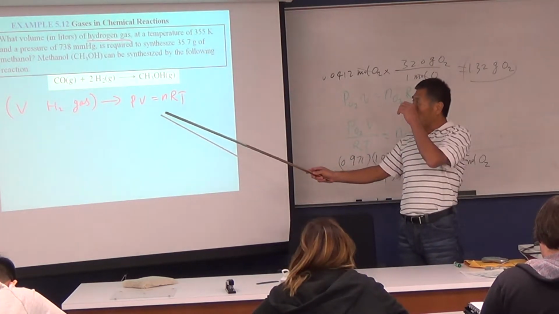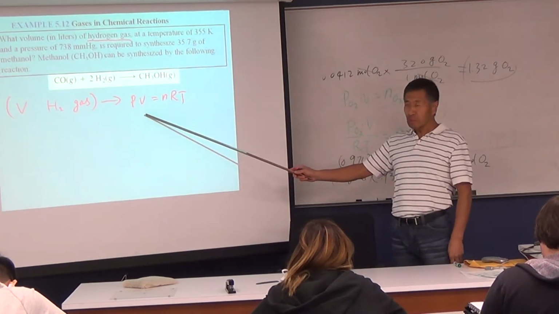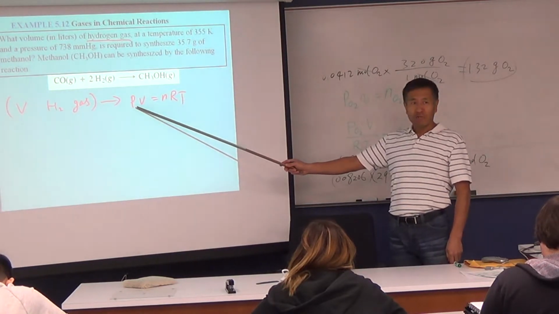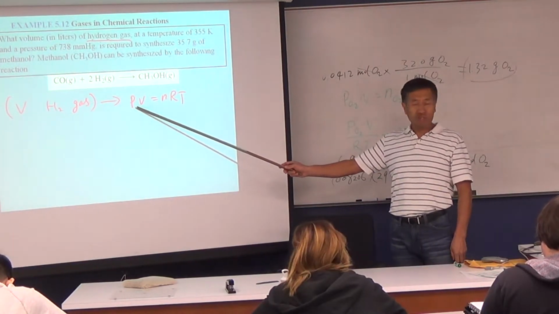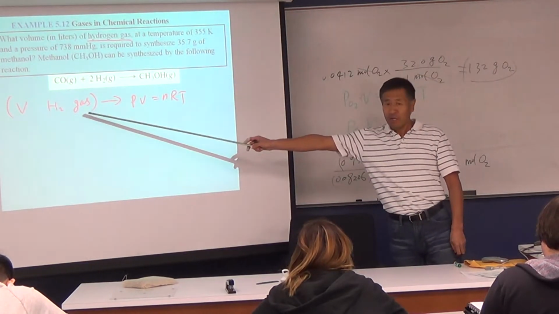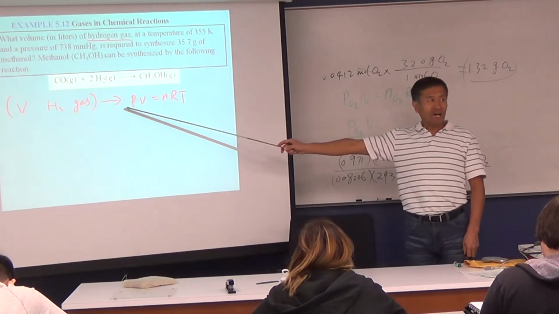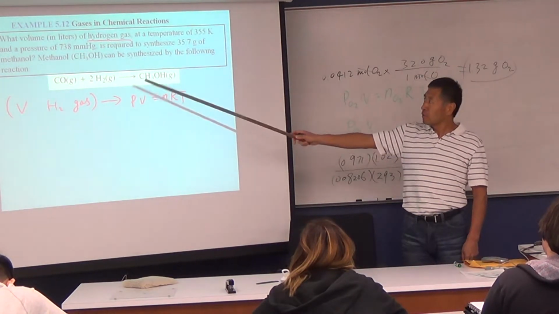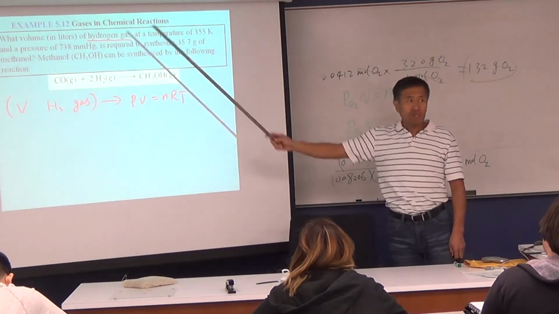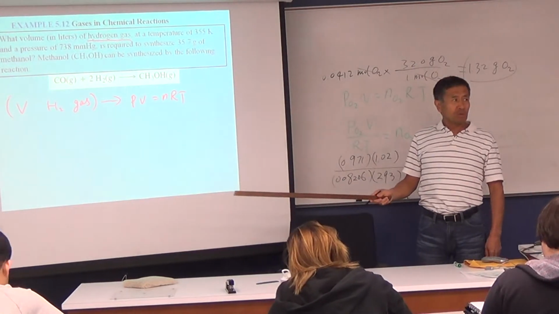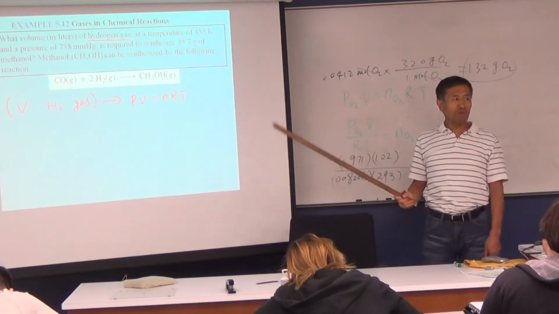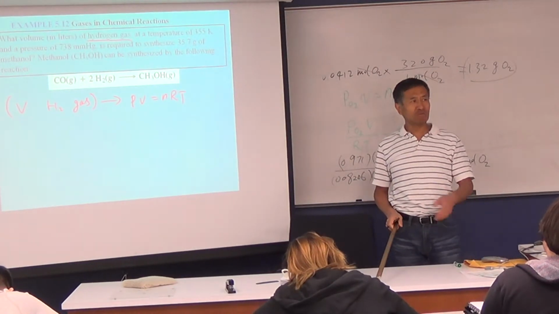what else do we need to know? We need to know the pressure for that particular gas. What kind of gas are we talking about? H2 gas. Do we know the hydrogen gas pressure in this problem? That is that, right? Do we know the temperature for the hydrogen gas? Now in this problem we don't have a gas mixture problem.